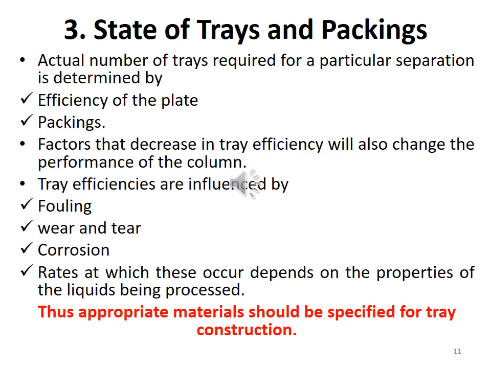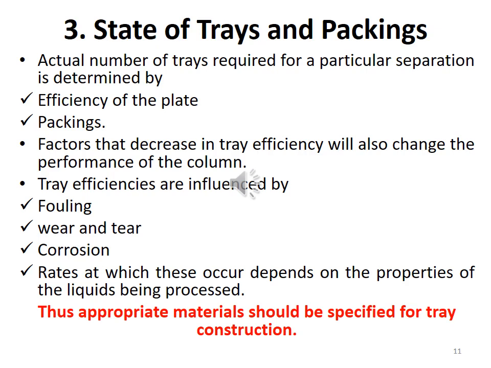So if the plates are efficient, then the number of trays will be lower, and if the tray plates are not efficient, then the number of trays will be higher. So the actual number of trays required for a particular separation is determined by the efficiency of the plate and the packing material that we are using with these trays.